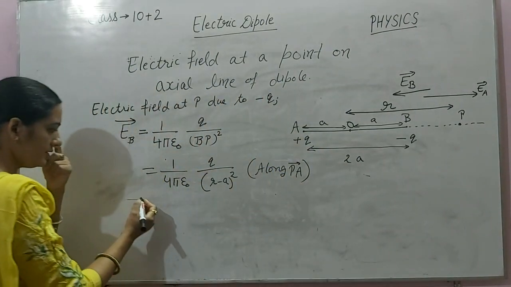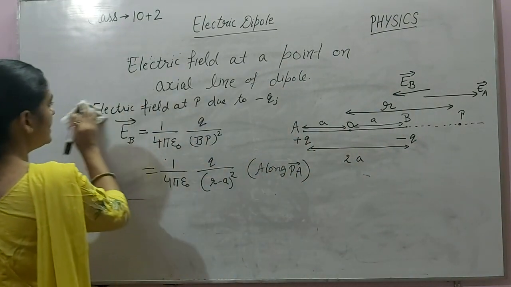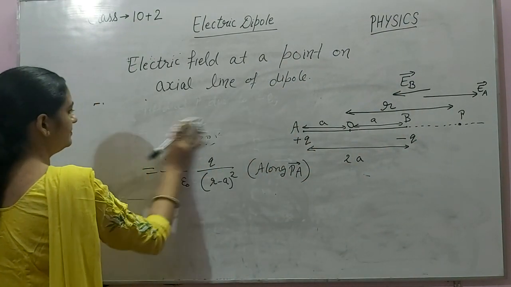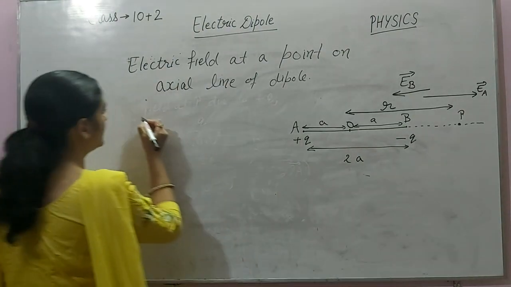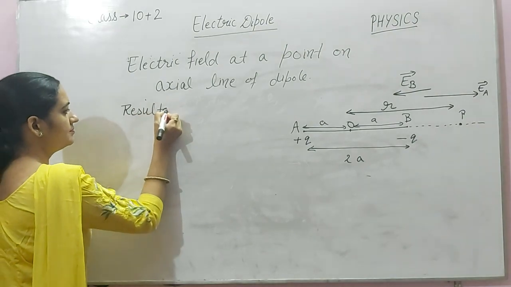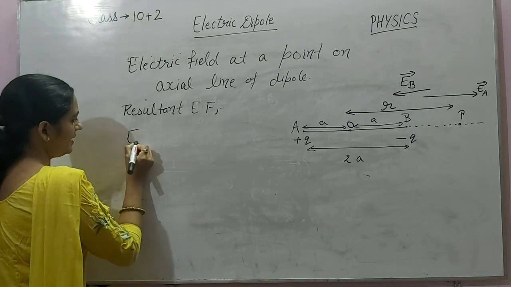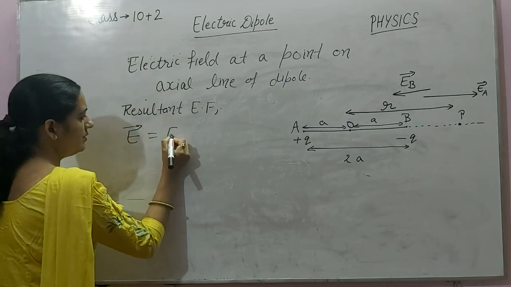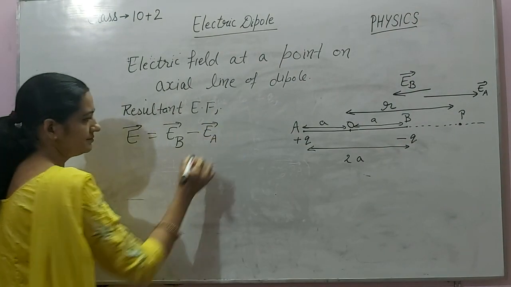Here the resultant electric field is given by E vector is equal to EB minus EA.